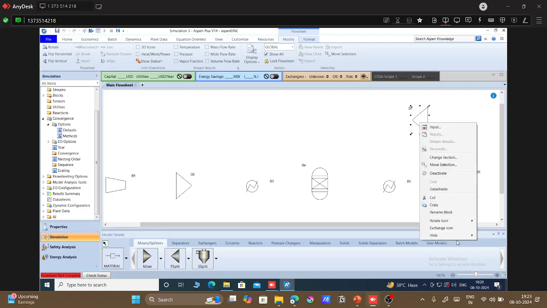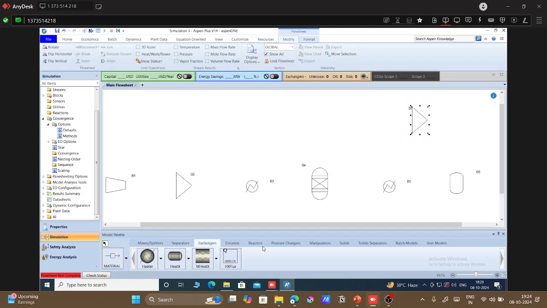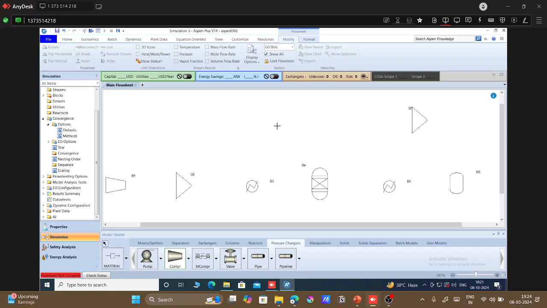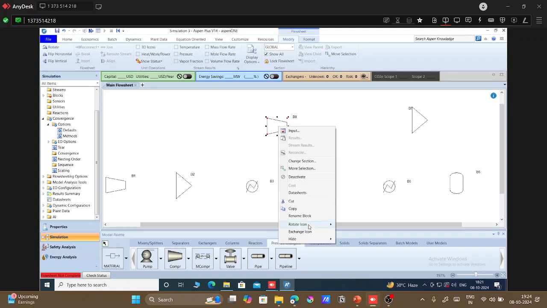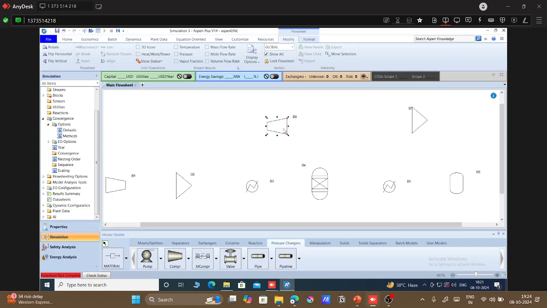One will be purged and one will be recycled back. Before recycling back, the vapor outlet will be compressed again to the desired reaction pressure. Okay, so now let me reconnect all of them.